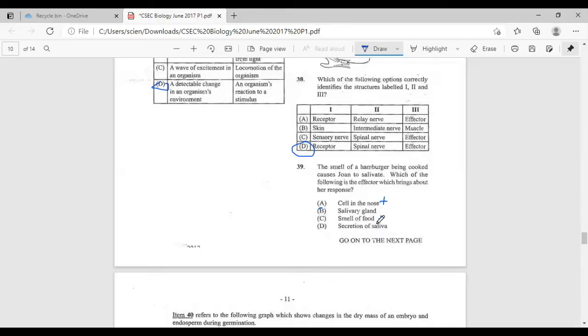So the secretion of saliva would definitely be our response. If they ask us what the response would have been, that would definitely be the answer. So now the salivary gland would cause the person to salivate, which is the production of saliva in the mouth because you smelled something good. So the answer is still B if you would approach it that way.